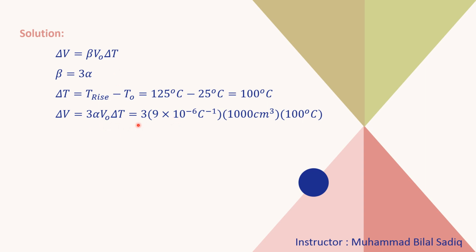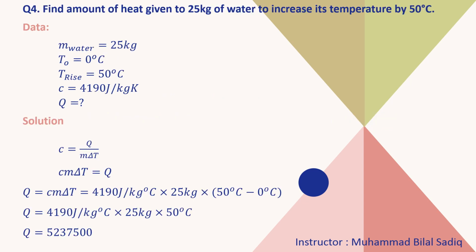So placing the values, 3, alpha is 9 into 10 raised power minus 6, V naught is 1000 centimeter cube, and delta T is 100 in this case. So the answer would be 2.7 centimeter cube. So you have to take care of units, that unit would be centimeter cube. The per degree Celsius cancels with the degree Celsius. So the answer would be in centimeter cubes.